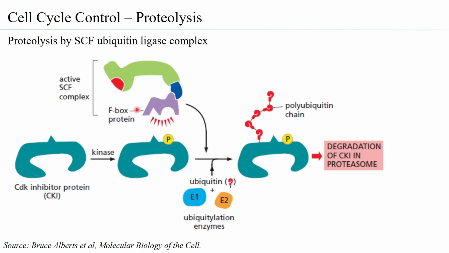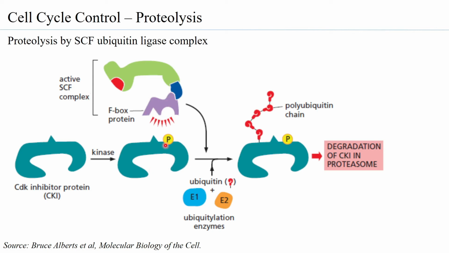This is an example where we all know that CDK inhibitor proteins, CKI, such as p27, can bind to the CDK cyclin, and on binding to the CDK cyclin, it can keep the CDK inactive.